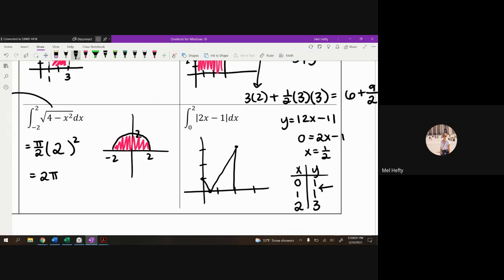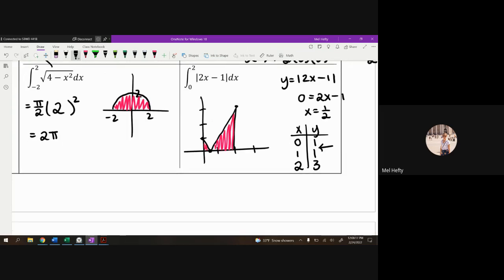All right, do I need calculus to find the area between this and the x-axis? No, what shapes are they? 2 triangles. All right, so I've got 1/2. What are the base and the height of that tiny guy? 1/2 base, 1 height. Cool.